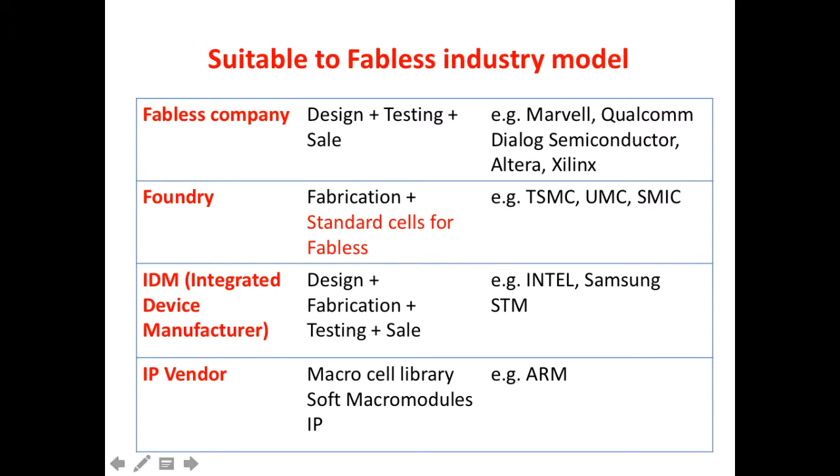I would say the most important ones are Intel and Samsung. Then actually there are other actors, but they are not performing fabrication at the highest level of scaling. For example, STM, which has a huge presence in Italy also, is a Franco-Italian company, actually an IDM, but not for the most advanced technology nodes.